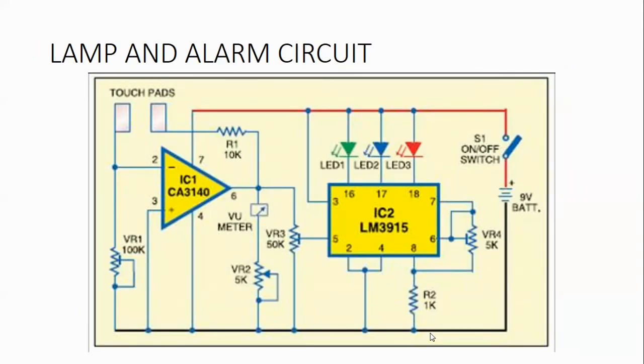For question 2, the lamp and alarm circuit. This is the lamp and alarm circuit for the safety purpose of our lab. The lamp and alarm system is connected to the testing cage that has been installed together with the frequency converter.